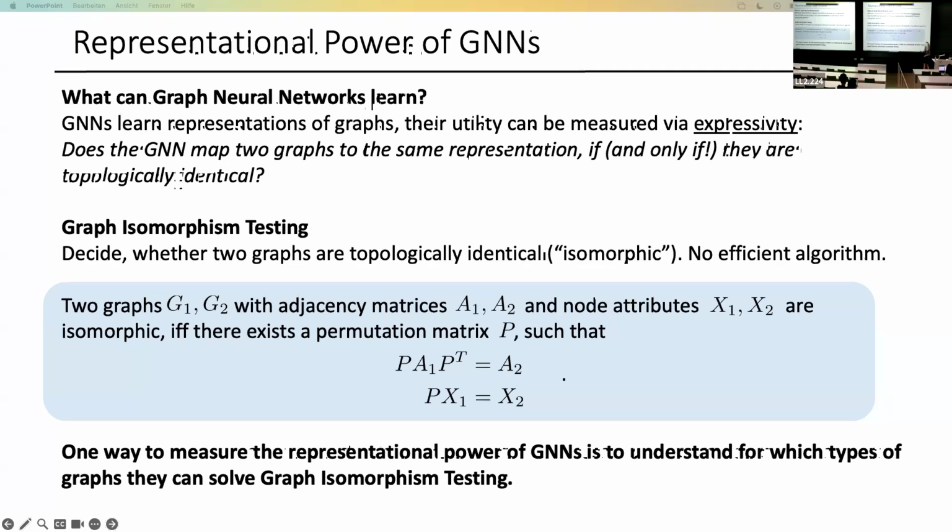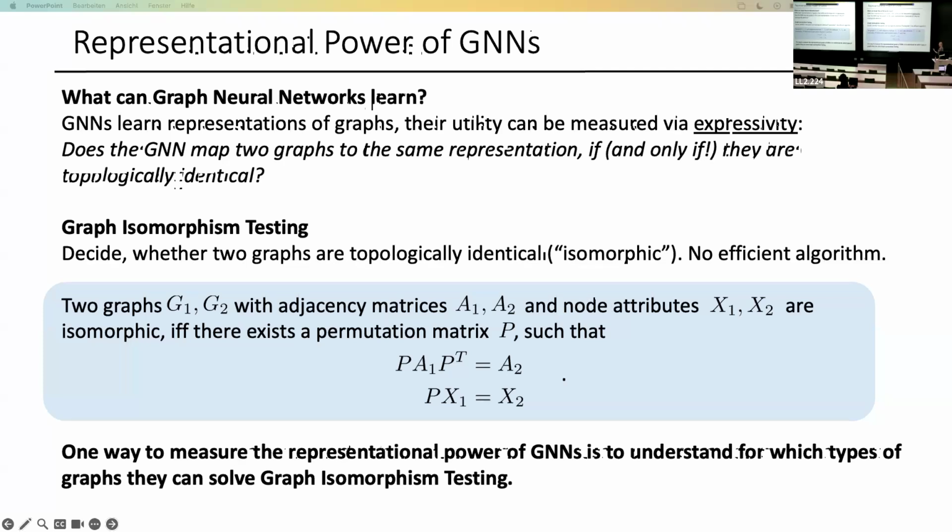So topologically identical here means, let's say we have two graphs, G1 and G2. They have adjacency matrices A1 and A2, right? This is the edges, the connectivity structure of the graph. And then they have node attributes X1 and X2. And then basically, if we were to permute the adjacency matrices and the node attributes in some way so that we could map one graph to the other, then those two would be topologically identical, right?